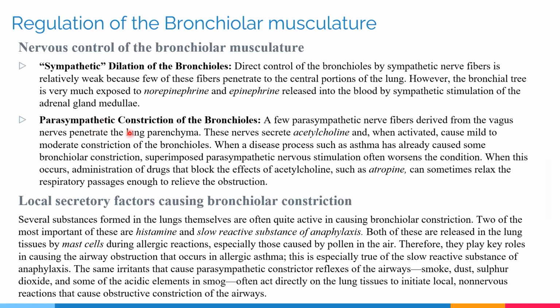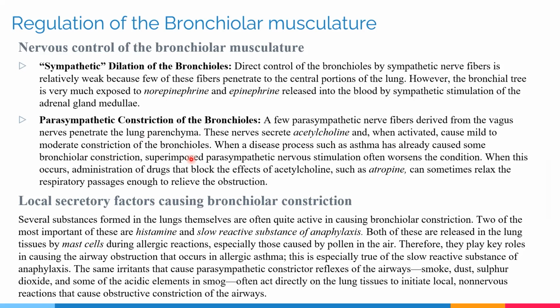Next is the parasympathetic constriction of the bronchioles. A few parasympathetic nerve fibers derived from the vagus nerves penetrate the lung parenchyma. These nerves secrete acetylcholine and, when activated, cause mild to moderate constriction of the bronchioles.